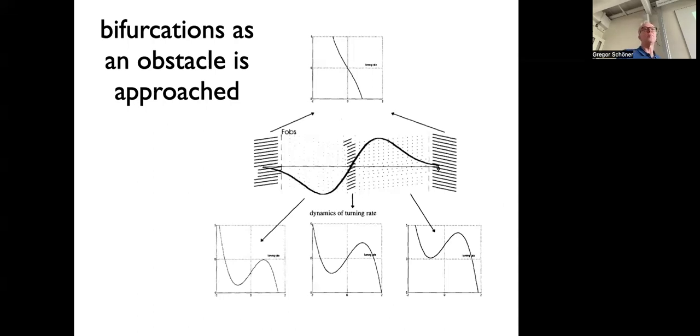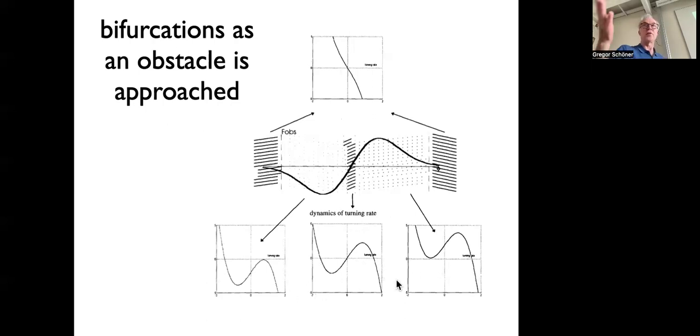And so you see immediately, this is a mix between a pitchfork bifurcation and two tangent bifurcations. If you go from here to here, that is, the obstacle is right ahead, and it's initially very far and then comes close, then you go from a single attractor to a repeller with two attractors left and right.